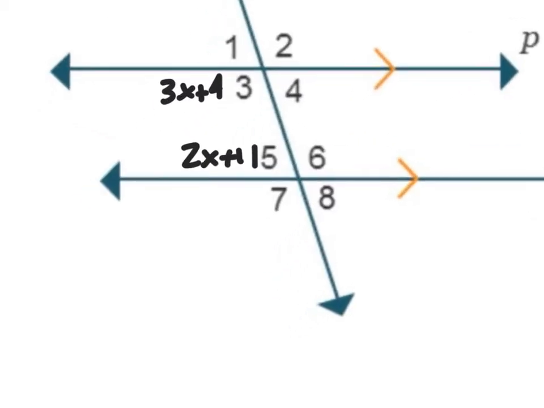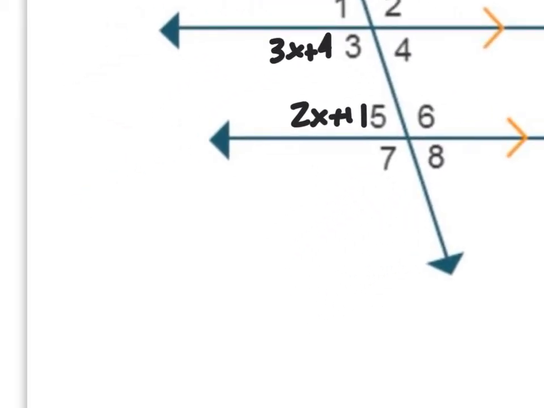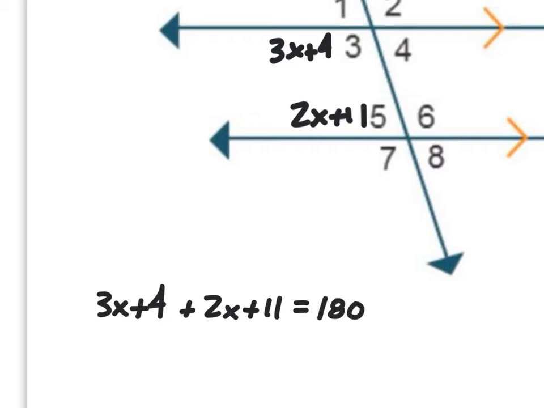Because those are same-side interior, I know that they are supplementary, so I can do 3x plus 4 plus 2x plus 11, add those together, and I get 180. If I combine like terms, 3x plus 2x gives me 5x. Then combining the other terms, 4 and 11, gives me a total of 15.